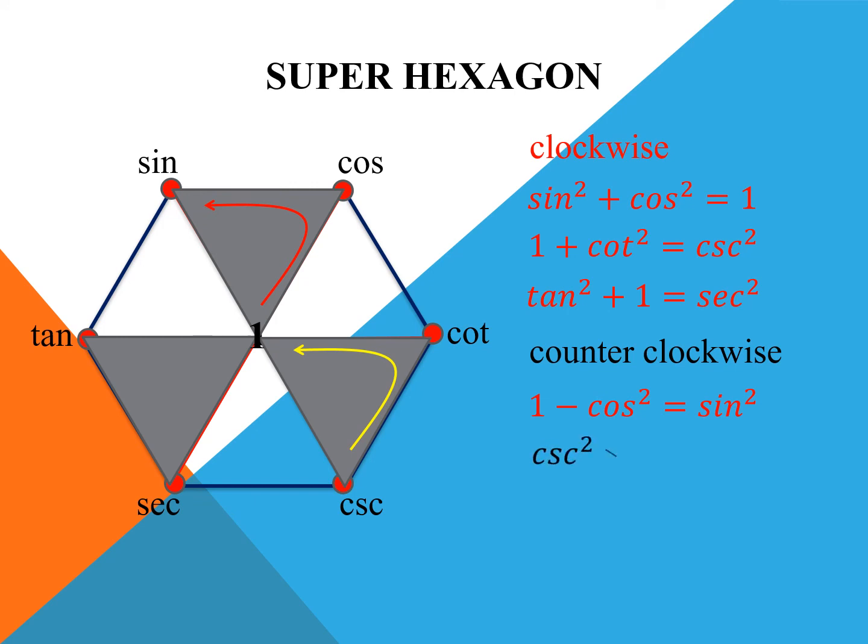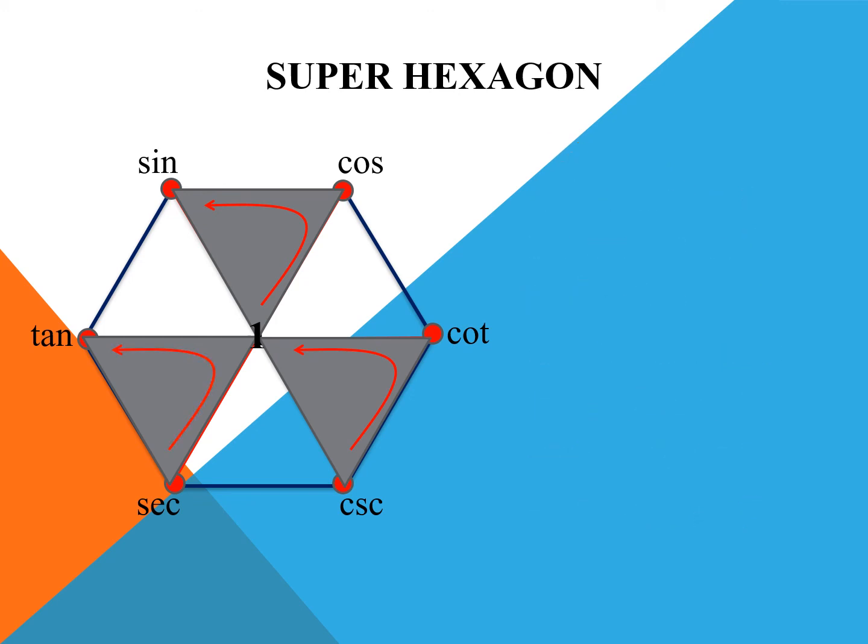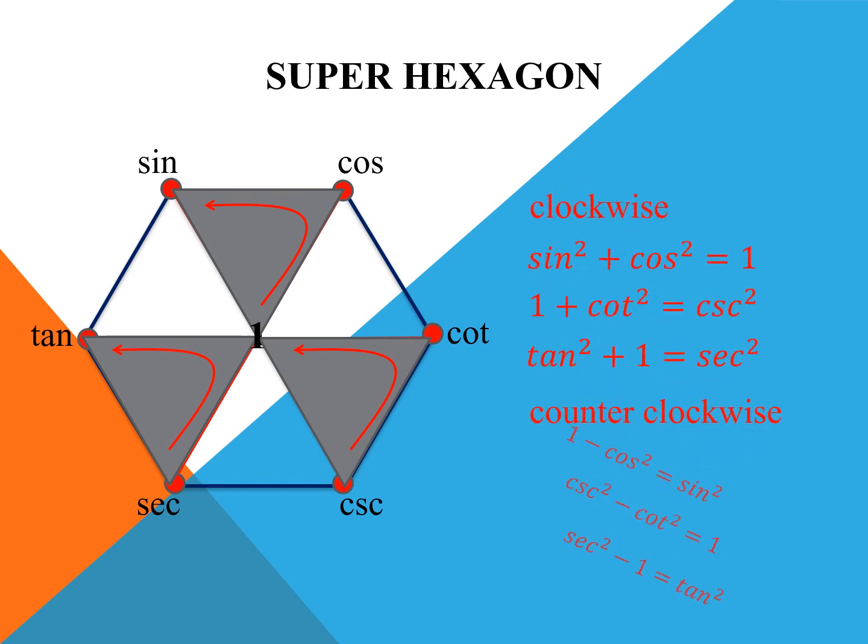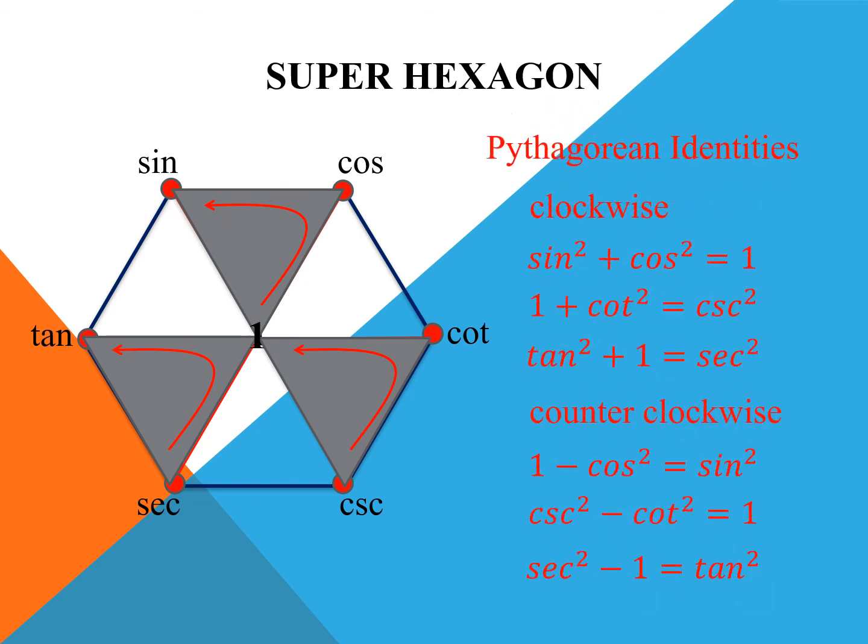Cosecant squared theta minus cotangent squared theta is equal to 1. Secant squared theta minus 1 is equal to tangent squared theta. And these are our Pythagorean identities.